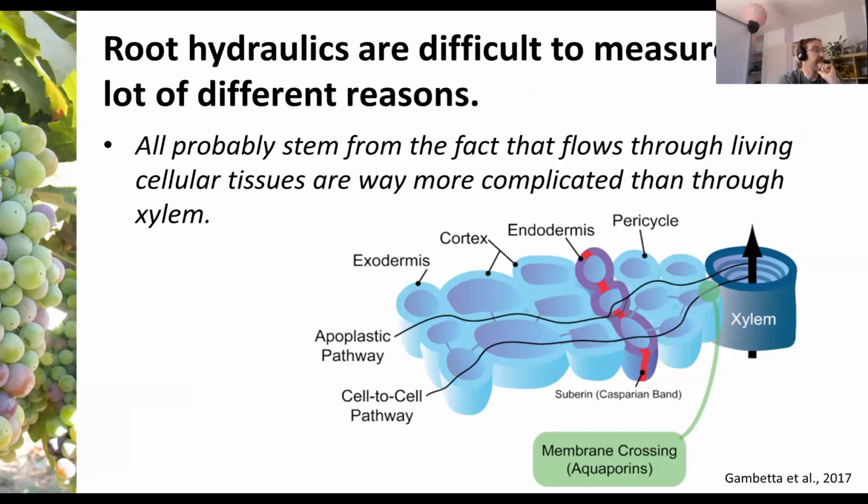I think stems from the fact that pushing water through complex cellular tissues is a lot different than pushing water through a xylem network that has a lot of big open pipes, essentially. So with stems, say we're doing a stem measurement, you get a lot less artifacts on a stem.